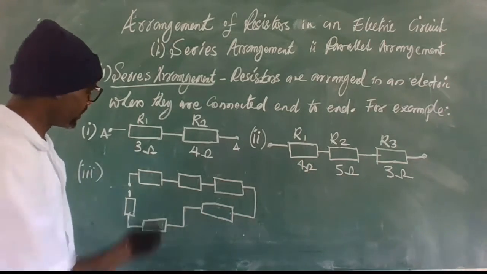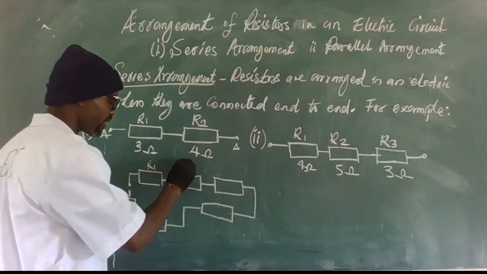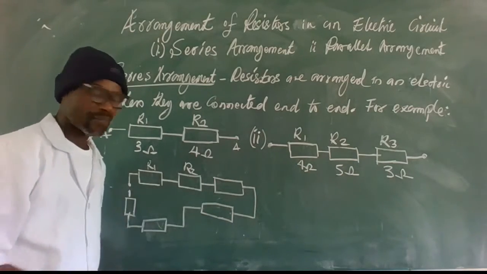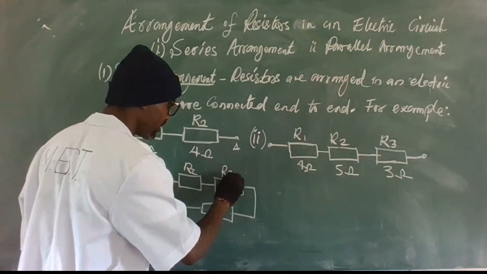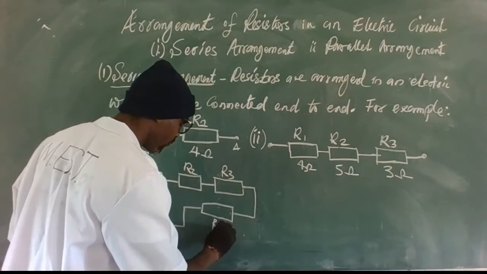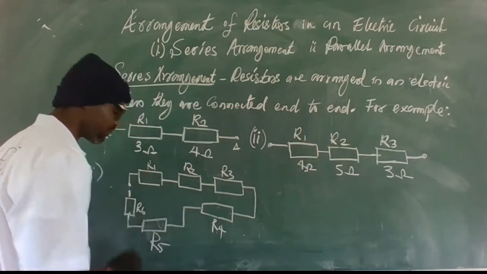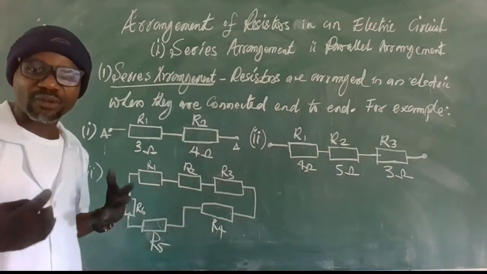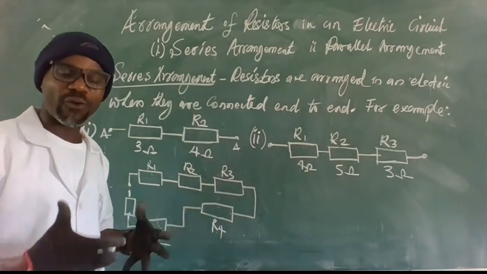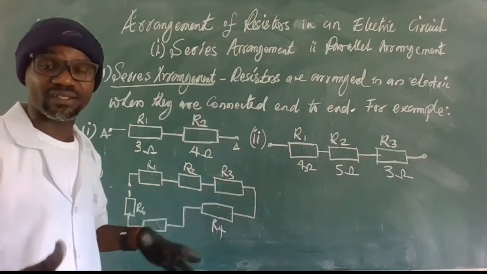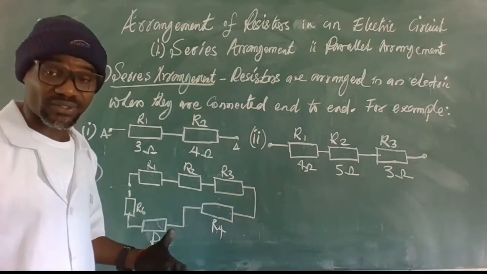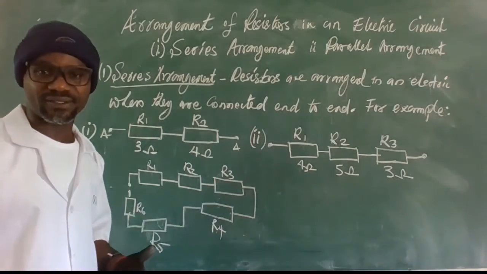This is R1, R2, R3, maybe R4, R5, and then R6, which represent resistors with various resistances.